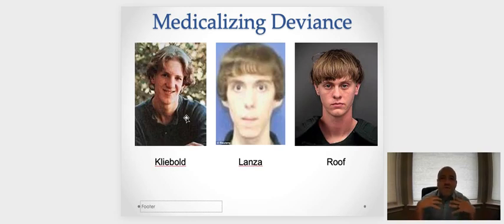These guys maybe were schizophrenic. Maybe these guys had bipolar disorder. Maybe these guys were bullied, and that's why, right? But it was some kind of medical condition being looked at to explain why they would do such a horrific thing.